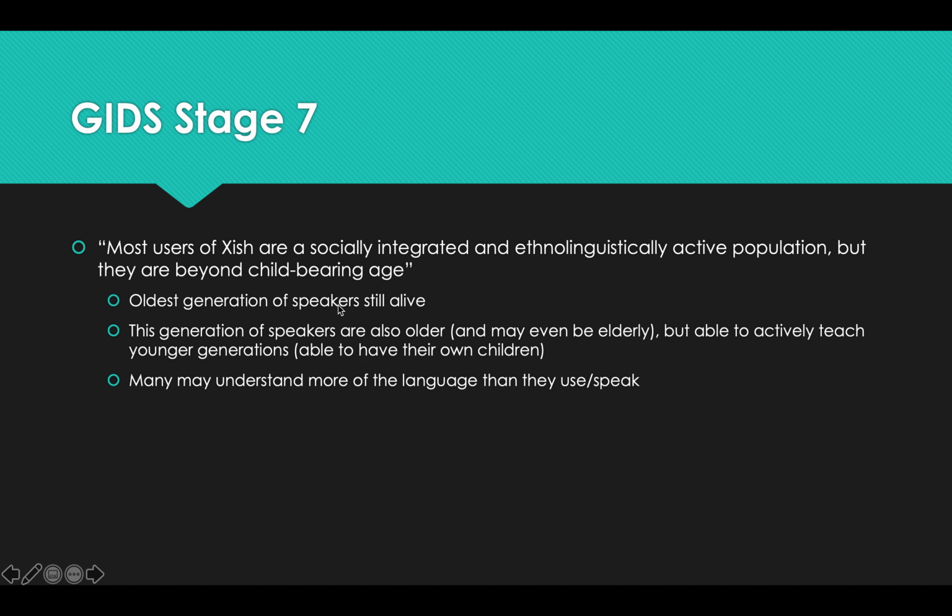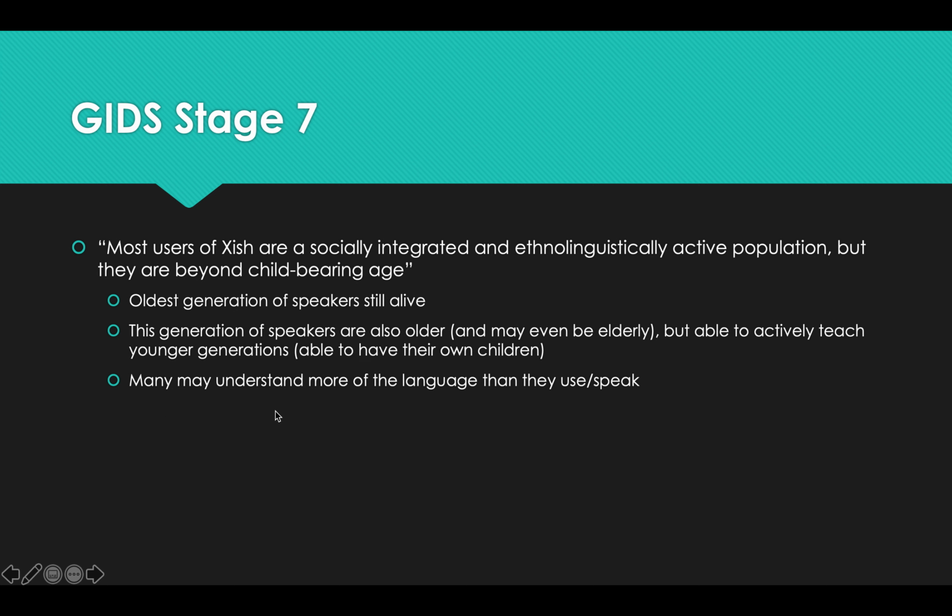These are the oldest generation of speakers still alive. This generation of speakers are also older, and they may even be elderly, but able to actively teach younger generations that are able to have their own children. So whereas with stage 8, the people were so elderly that they wouldn't be able to have the time or the patience or the ability to teach language, these people theoretically could be able to teach the language, if not to children, then to adults that have children.